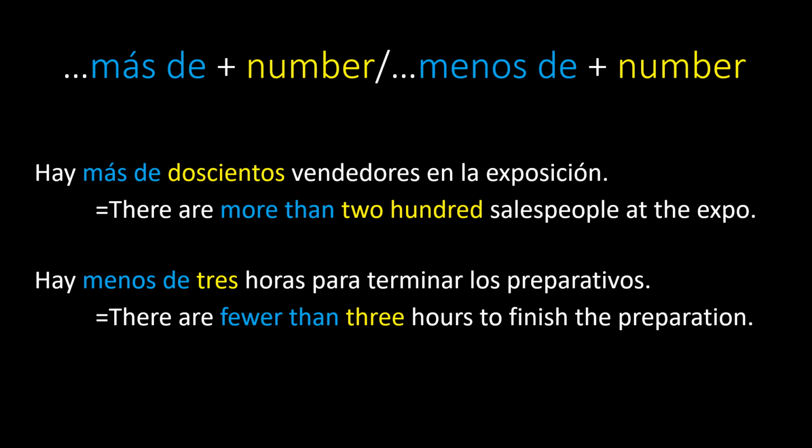Hay más de 200 vendedores en la exposición. Más de, because 200 is a number. Look at the second example. Hay menos de 3 horas para terminar los preparativos. Menos de 3 horas. We use menos de rather than menos que because the next word, tres, is a number.